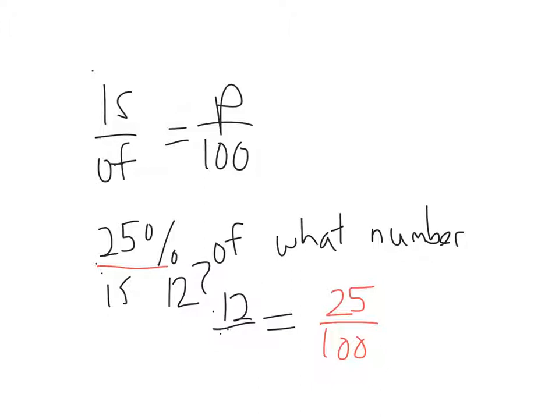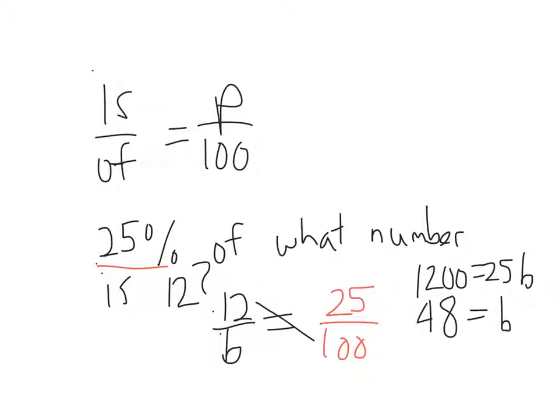And then I'm left with down here, I'm just going to call that B. So it's going to be 1200 when I cross multiply this. 1200 is equal to 25B. Going to divide both sides by 25, and I'm going to end up with 48. So that means that 12 over 48 is equal to 25 over 100, which is true.